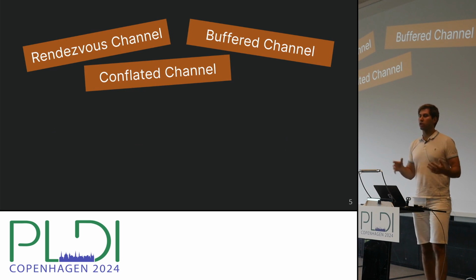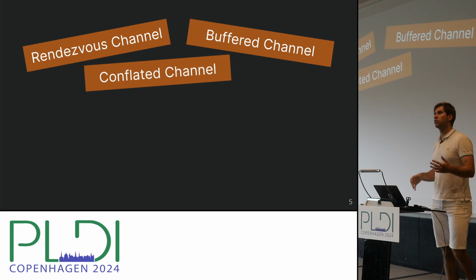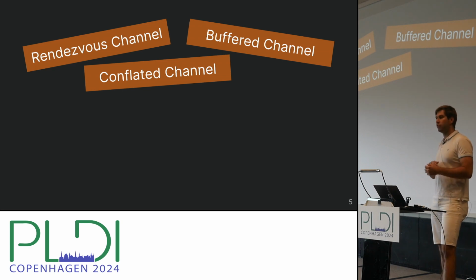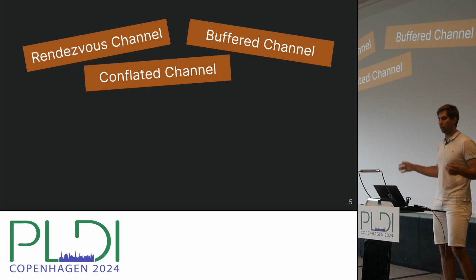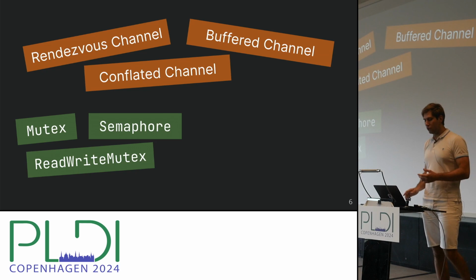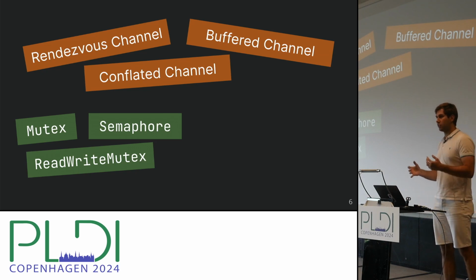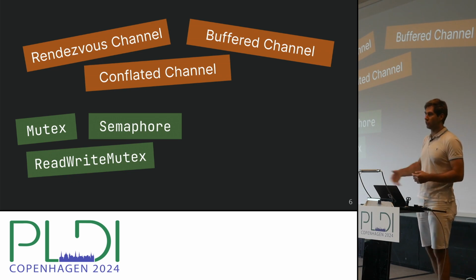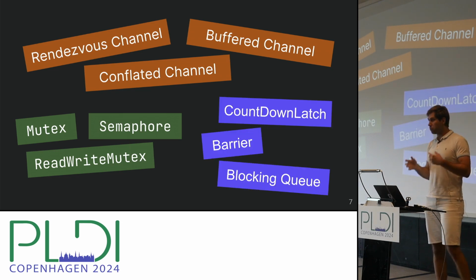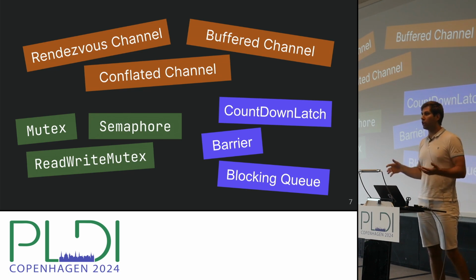When you take a look at coroutines, first of all, to share some data and synchronize the logic, you have the following primitives. You have a bunch of different channels to transfer the data. But besides that, you also need the standard classic synchronization constructs, such as mutex, semaphore, read-write lock, and probably also countdown latch, barriers, blocking queues.